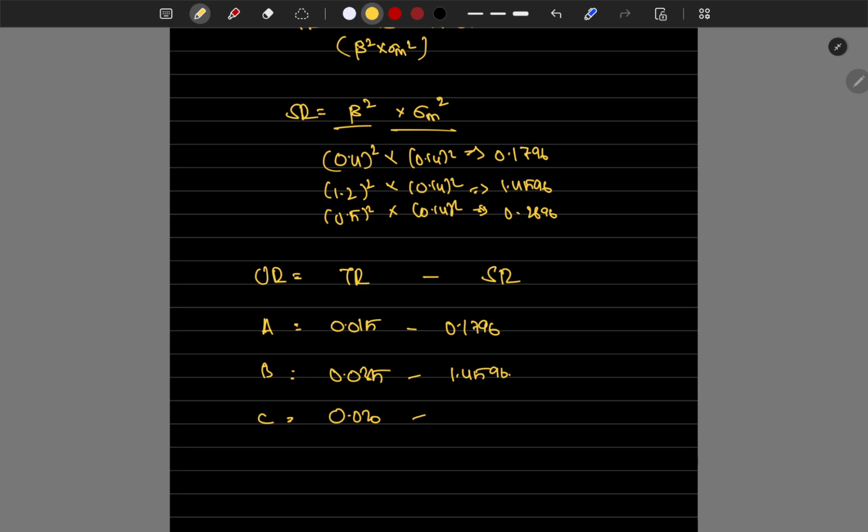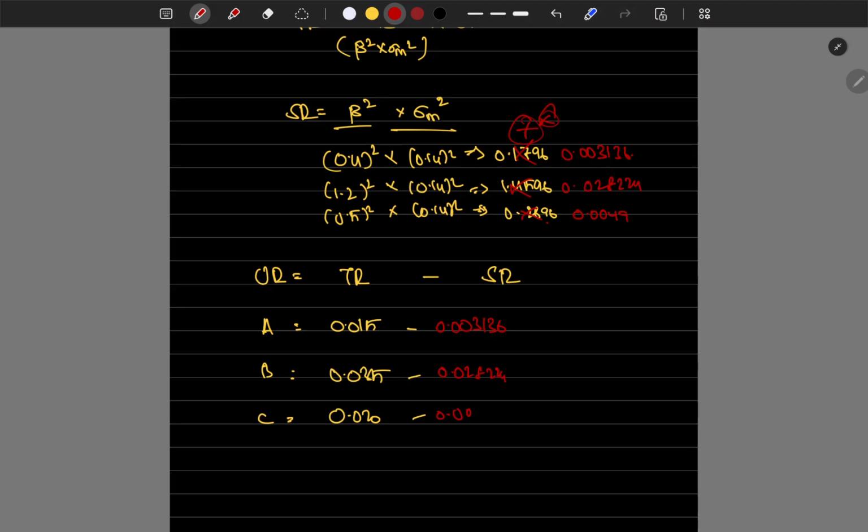Sorry, I've added everything, so it gave a wrong answer, right? 0.4 into square, 0.003136, 1.2 into 0.028224, 0.4 into 0.0049, 0.003136. We should not add, we have to multiply. By mistake we might do this in such cases.